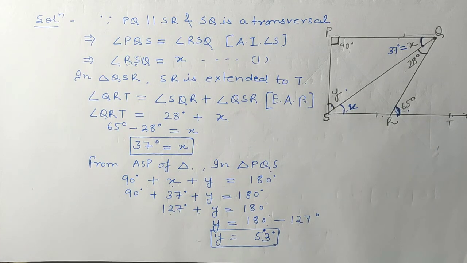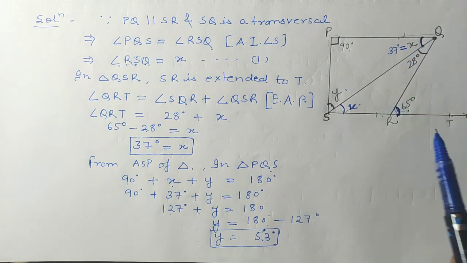Let us see once again what we have done here. Since it was given that PQ and SR were parallel lines, and this is a transversal, if this angle is x, then this will also be x.